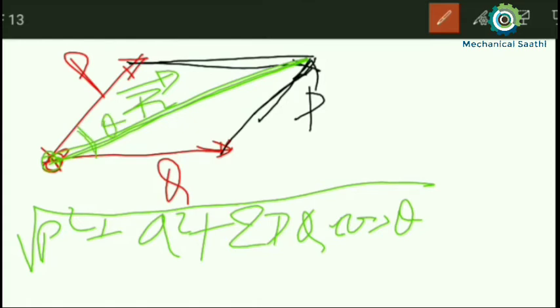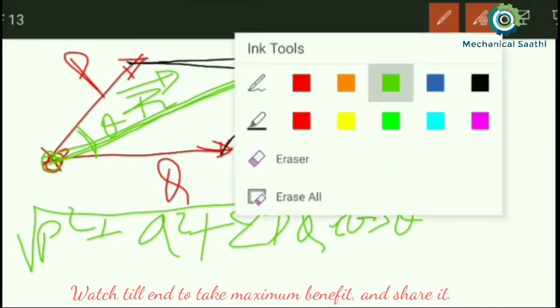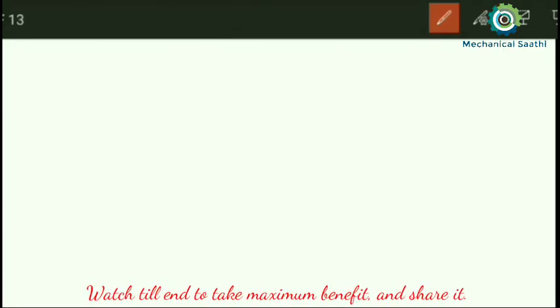After that we discussed how we can resolve any force along any particular direction. If there is a force acting at an angle theta, then this force can be resolved along any direction if this angle is known to us.